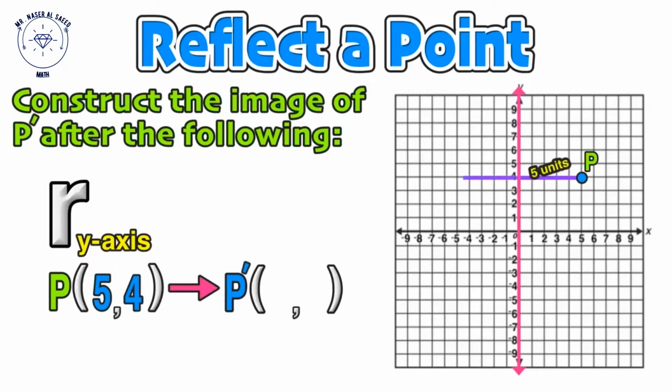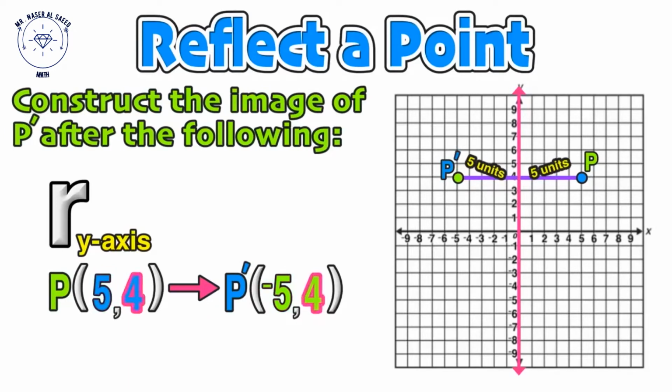Then we can count the same amount of units on the other side of the line of reflection and plot the point P prime. The coordinates of this image are (-5, 4).